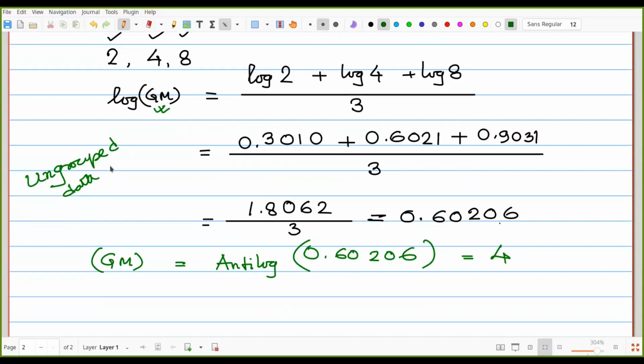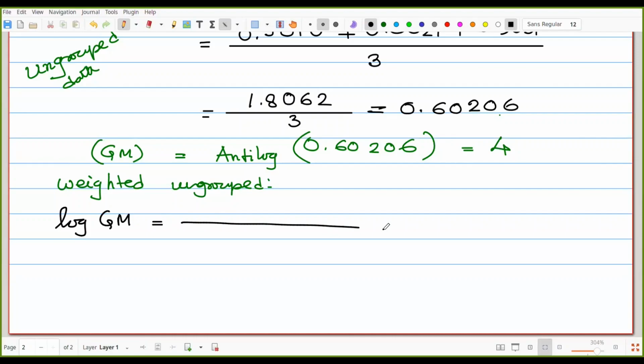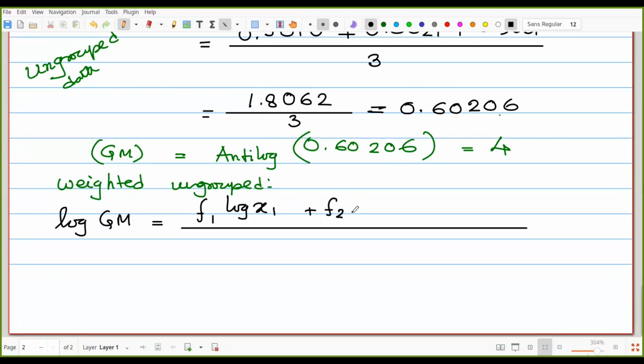And if there is weighted ungrouped data, then that is also possible using the formula: log of GM is equal to the first weight, that is F1 or the frequency, then the value log of X1, plus F2 log of X2, plus up to Fn log of Xn, divided by the total number of elements.